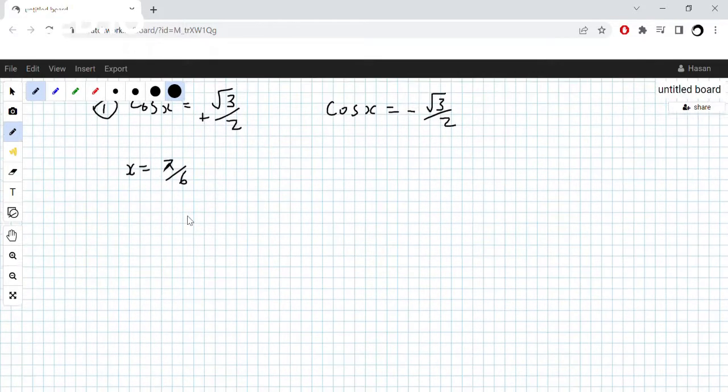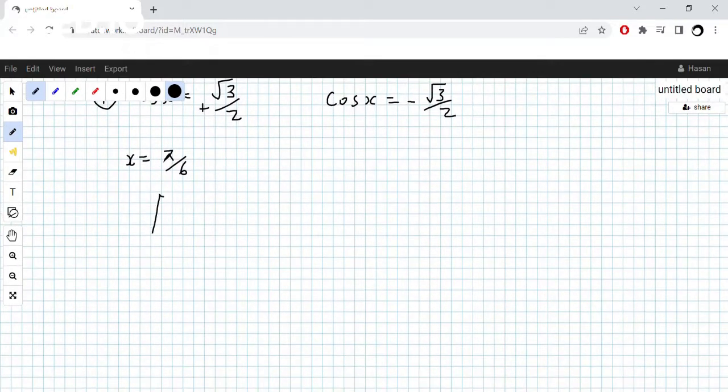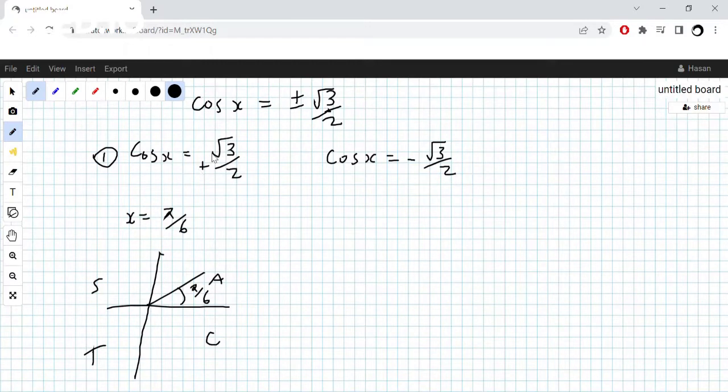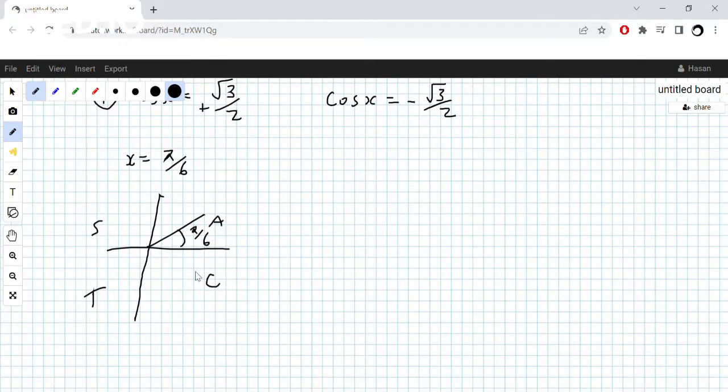With our CAST diagram, pi over 6 corresponds to this value, pi over 6. And since we're dealing with the positive value of cos x, the regions we would be wanting are the cos section and the all section. We already have the all section, which is pi over 6.